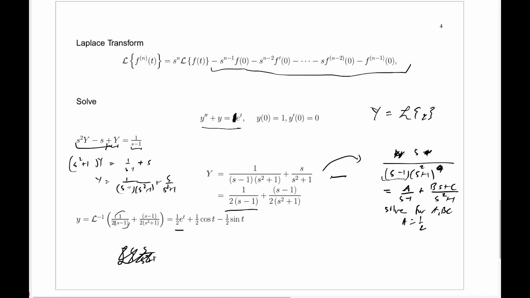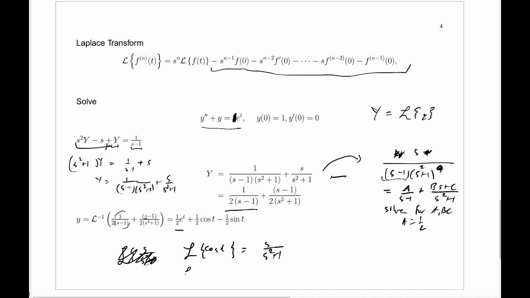The Laplace transform of cosine t will be exactly s over s squared plus 1, so the inverse Laplace transform of s over s squared plus 1, which is the s part here, will be cosine t, and we have that times 1/2.